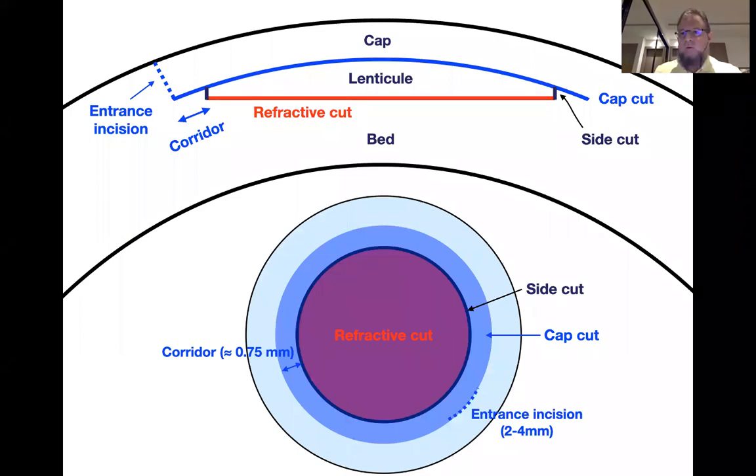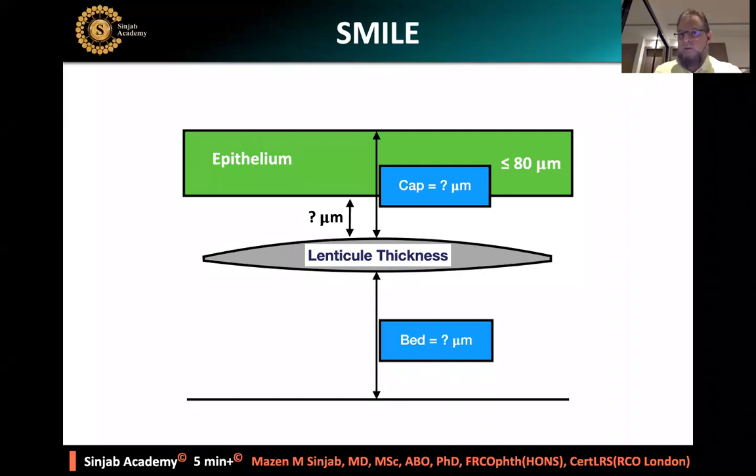Now we come to this concept in the smile. As we see, there is lenticule thickness. We have to choose the cap thickness to be sufficient for future enhancements, taking into consideration that the epithelium may be up to 80 microns.